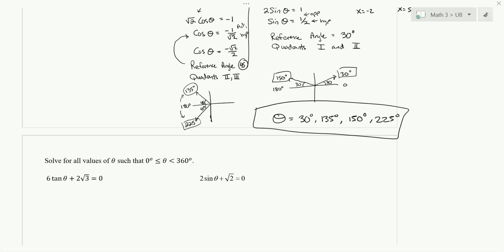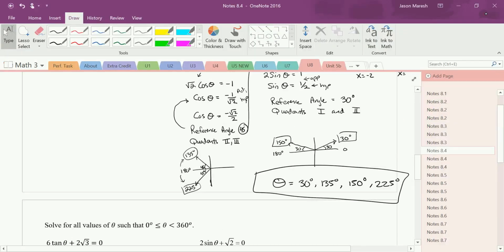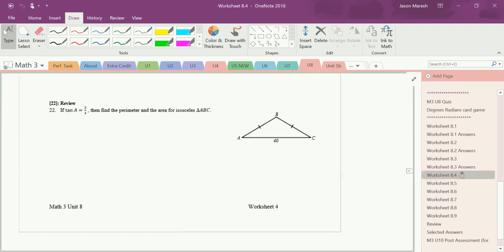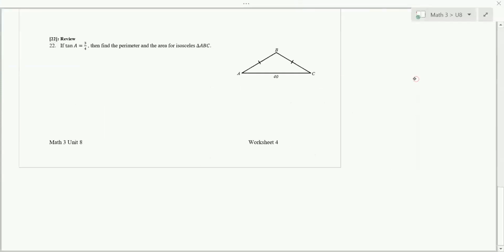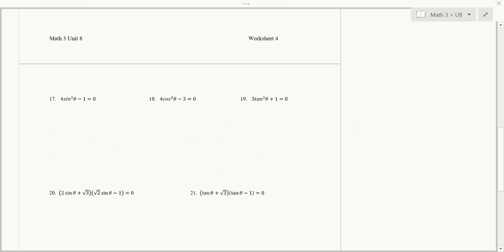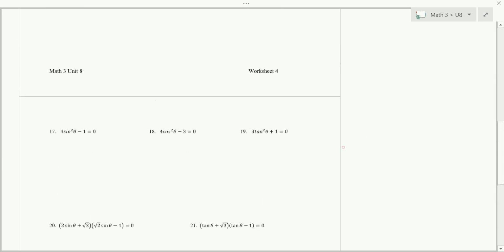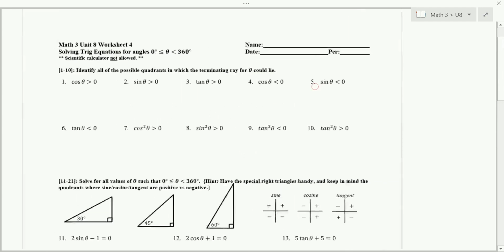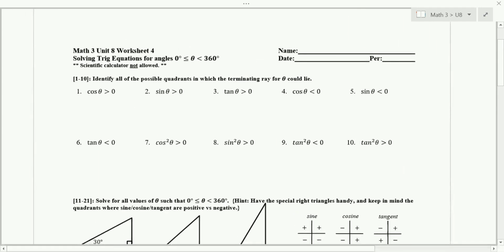Why don't you guys take a quick look at your homework? Okay, so on the homework, 1 through 10, you're asked just to find out in which quadrants this is happening, so if it's positive or negative.